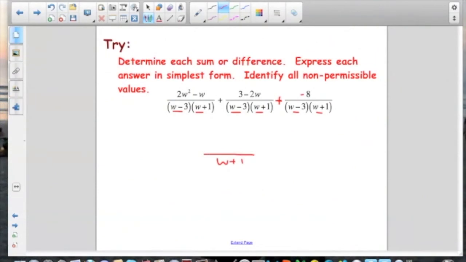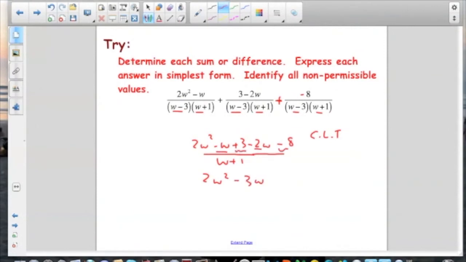So now I want to collect or bring all these terms down. Okay, now I want to collect like terms. So I have this and this, so minus 3w.